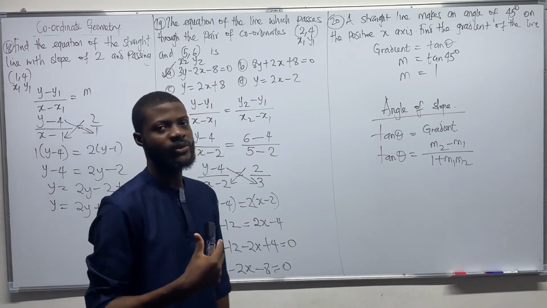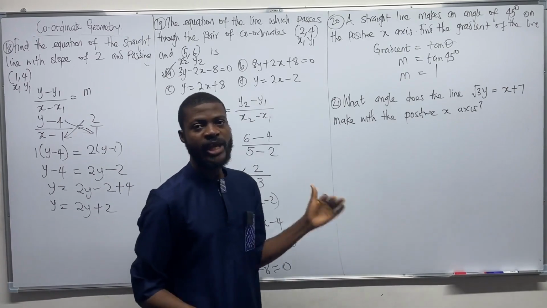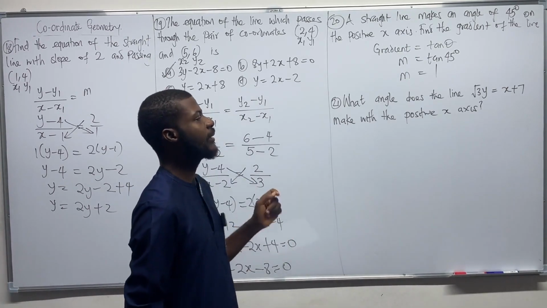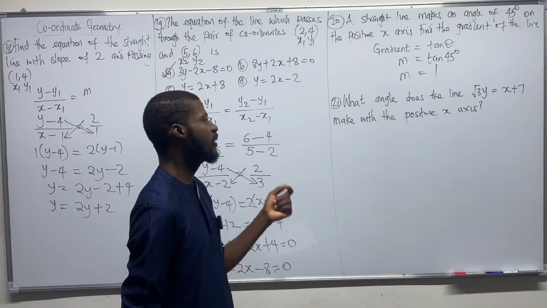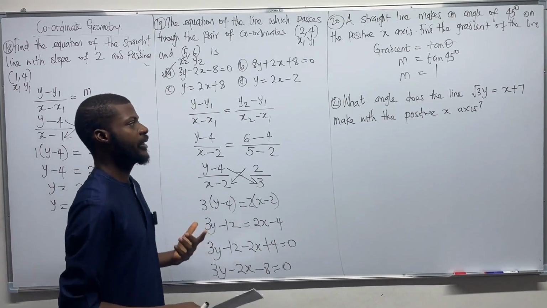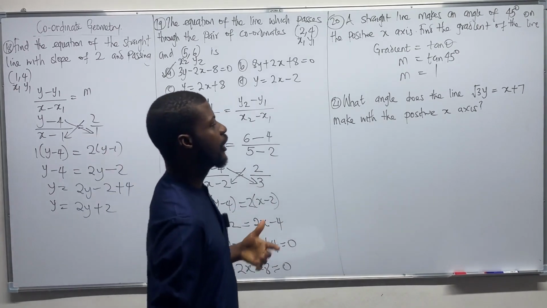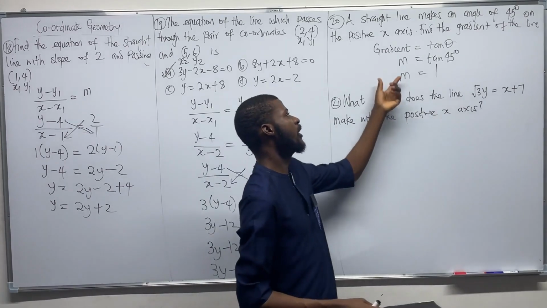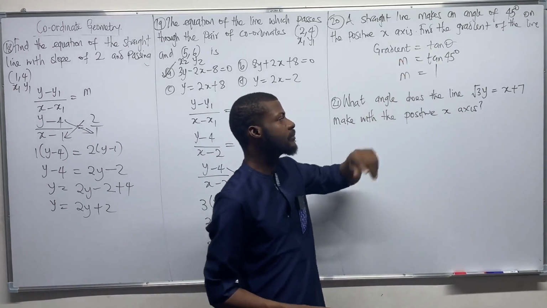Let us look at question 21. What angle does the line root 3y equal x plus 7 make with a positive x-axis? So this time around, we're given an equation. Remember that from an equation, you can get gradients because we know that angle is related to our gradient.